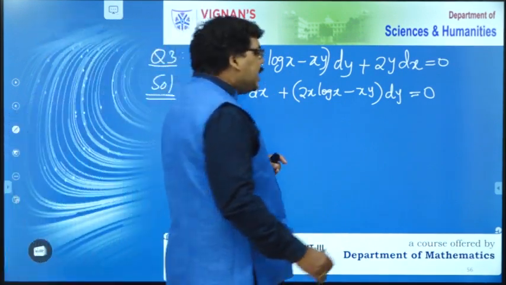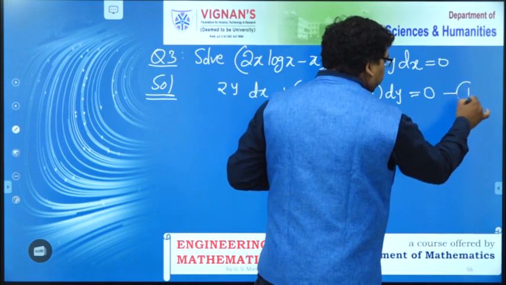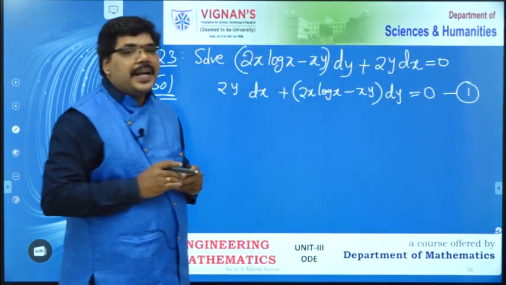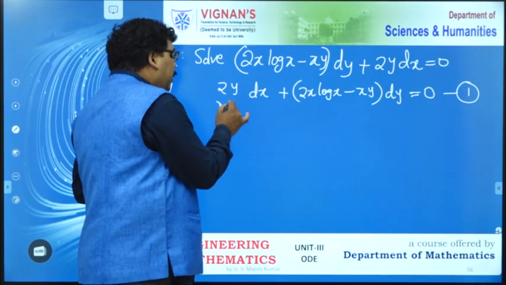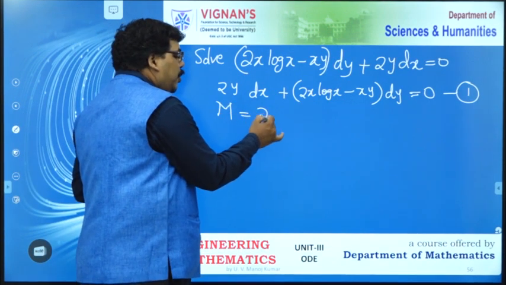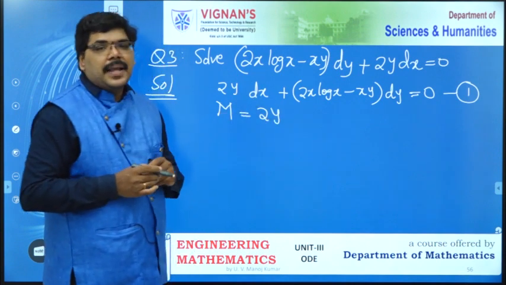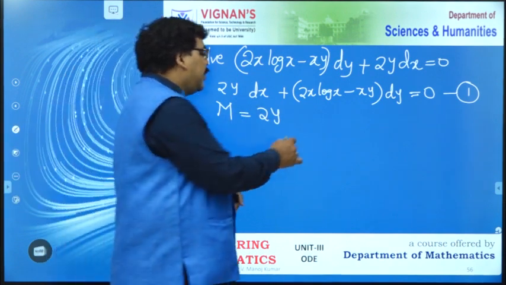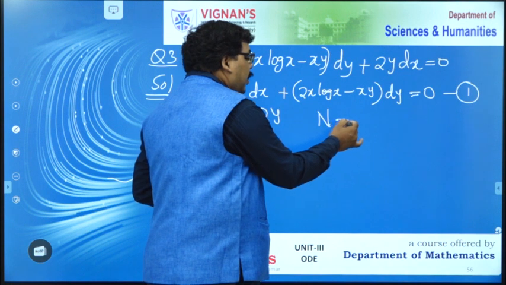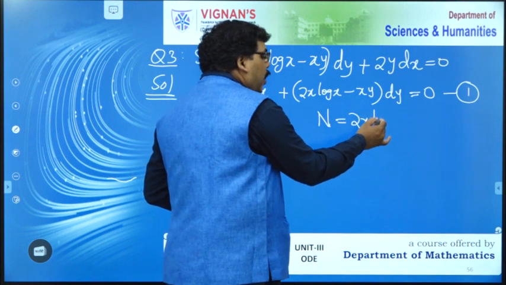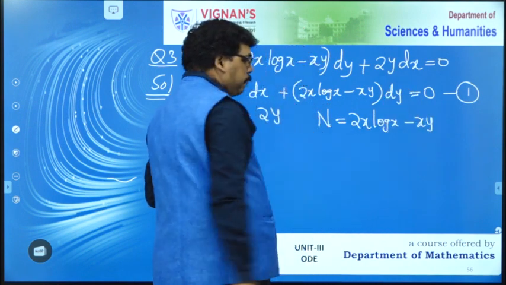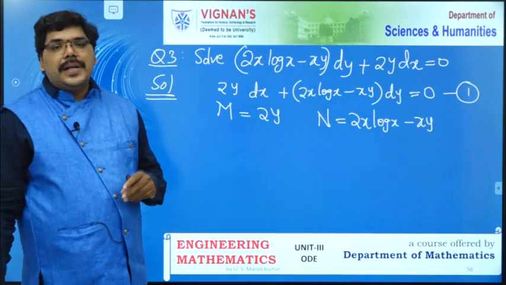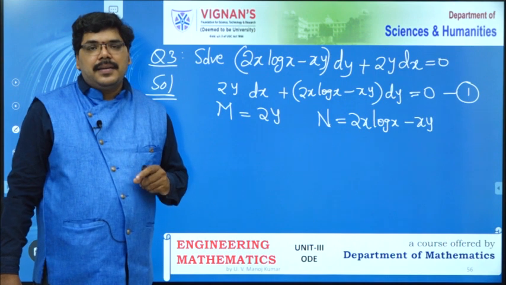Let us write this as equation 1. So if I compare with m dx plus n dy equals to 0, m will be 2y, and what is n? 2x log x minus xy. So what is the condition we want to check?